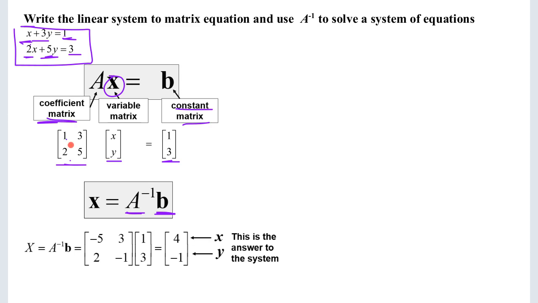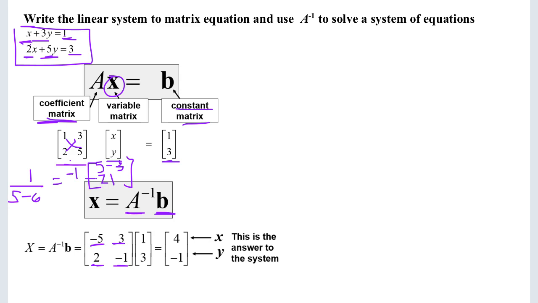So if we do this, we're going to get 5 minus 6, so 1 over 5 minus 6 is 1 over -1, so it's going to be -1. And then we're going to switch up the 5 and the 1, switch up the 3 and the 2 in reference to the signs, and then distribute, which gives us this inverse matrix right here.